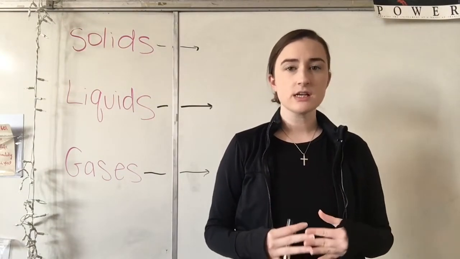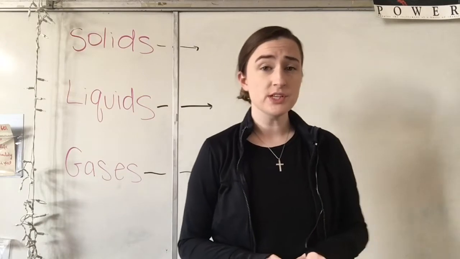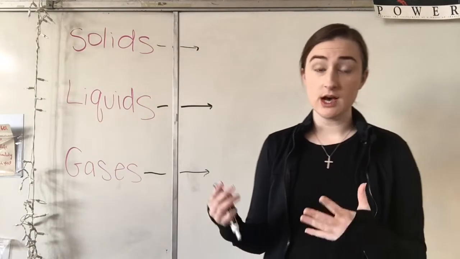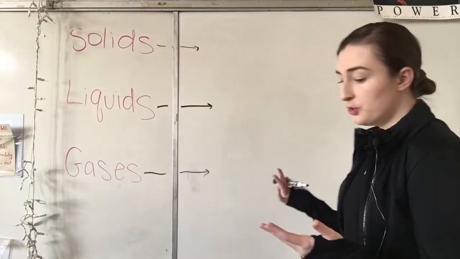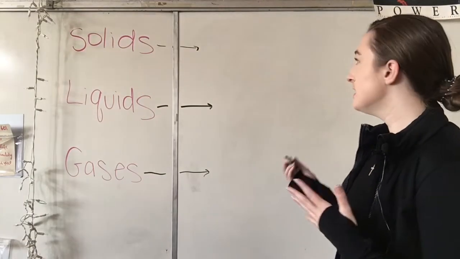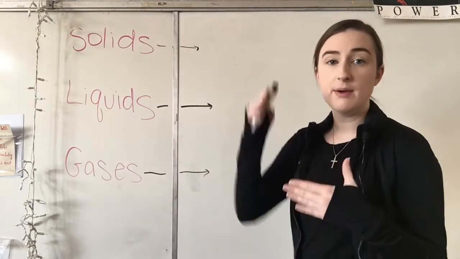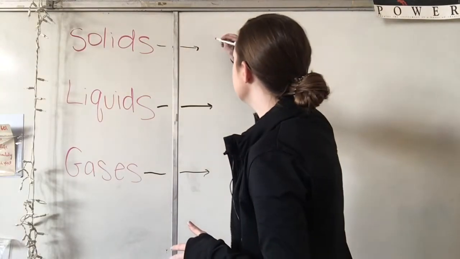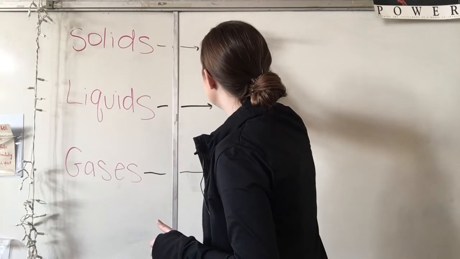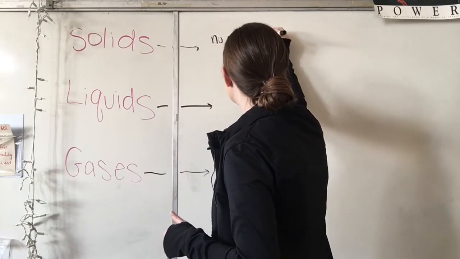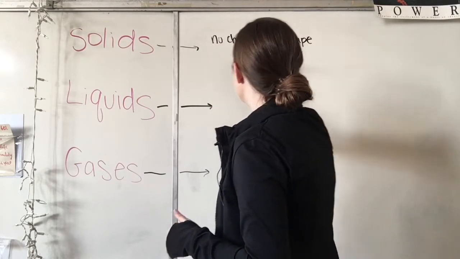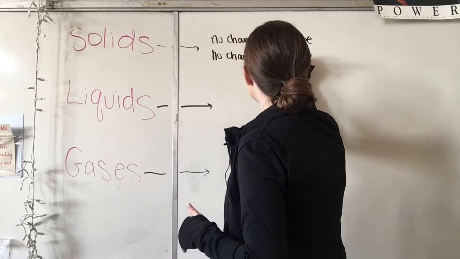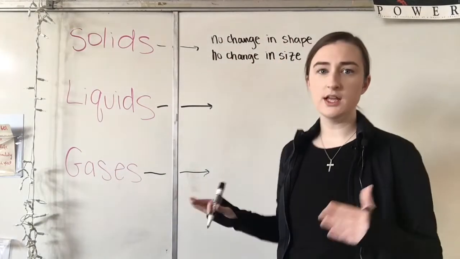Now, if this concept is still confusing to you, you may just want to memorize what happens with solids, liquids, and gases. A good way to maybe do this is just to think about and memorize maybe just a chart, a simple way. So solids, that's easy. Solid is a no-no.